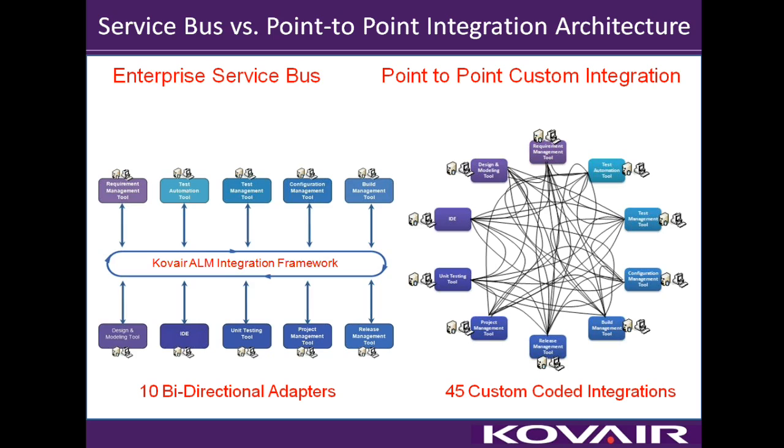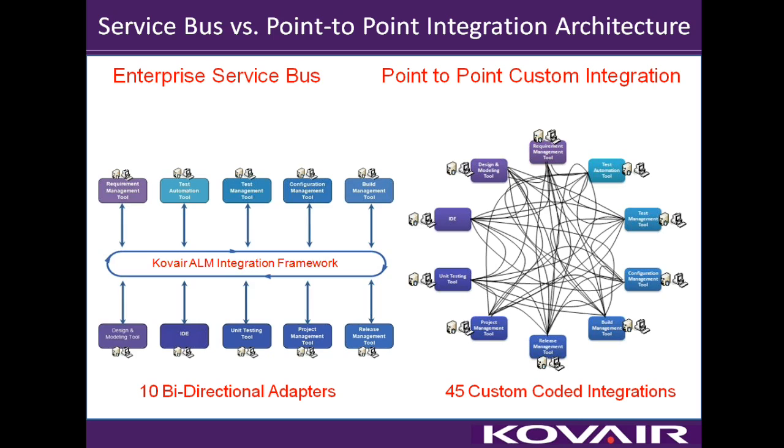Now, if you look at the architectural difference between the enterprise service bus, the middleware, and the point-to-point custom integration, graphically it looks like this. For a point-to-point custom integration, you need the integration between every pair of tools. So if you want a 100% integration, which basically means from any tool, you should be able to access the data from the other tool, create the traceability, etc., then you need a point-to-point integration between all of them.